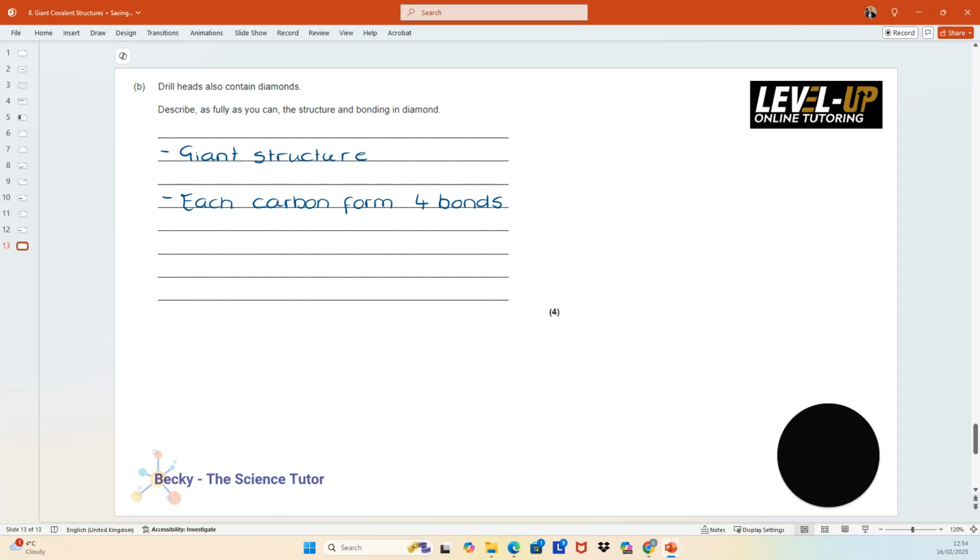Each carbon forms 4 bonds, somewhere that they are covalent bonds. So if you put that in a sentence, each carbon forms 4 covalent bonds, that's 2 marking points. And we want something about these are strong bonds.